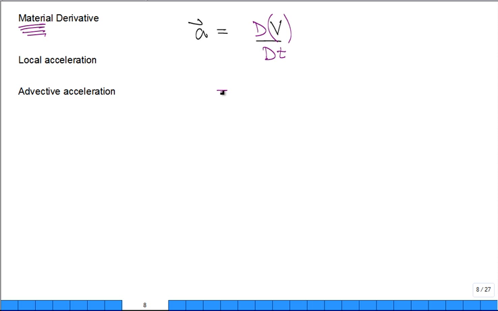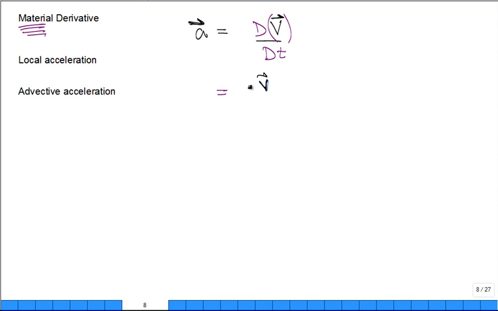Let's just do it by definition. The material derivative is, take the, this is a vector quantity right here too. This vector, I'm going to try and emphasize, it's the little arrow over the A, the little arrow over the V. So we have the velocity vector.